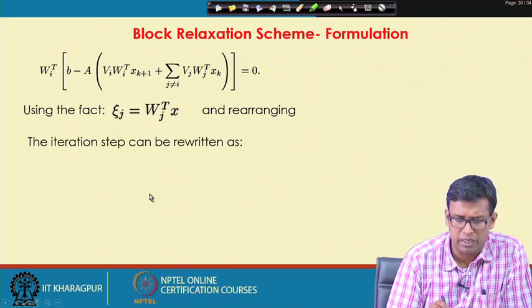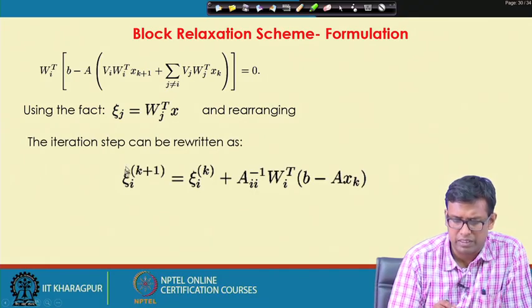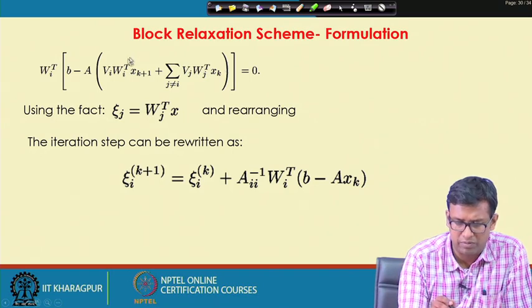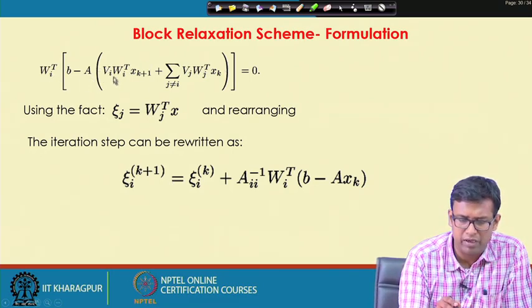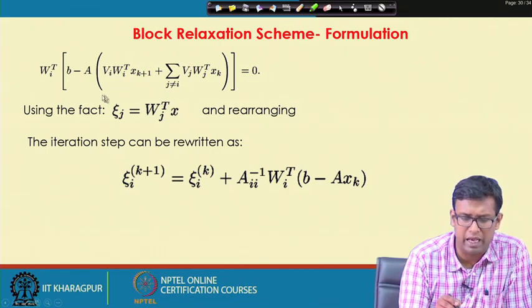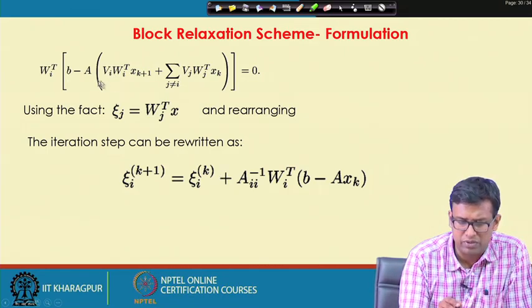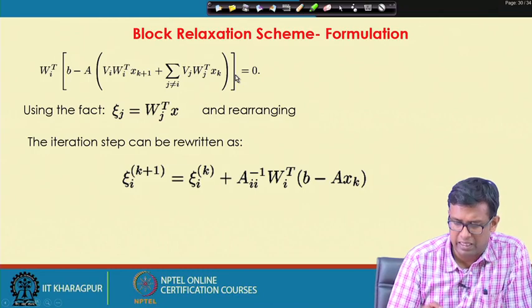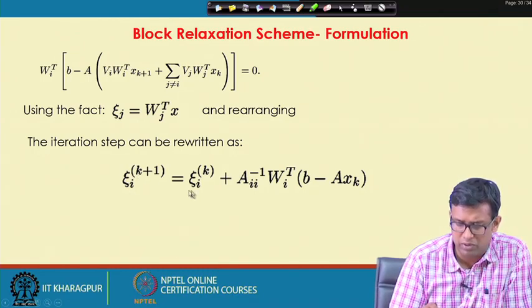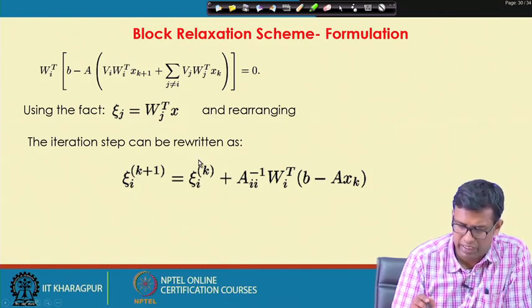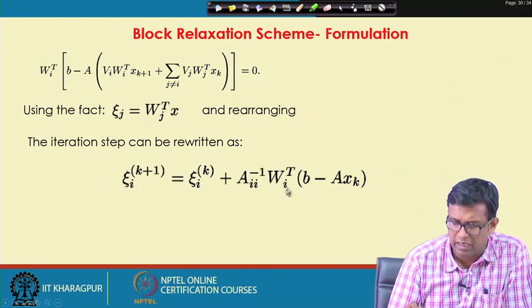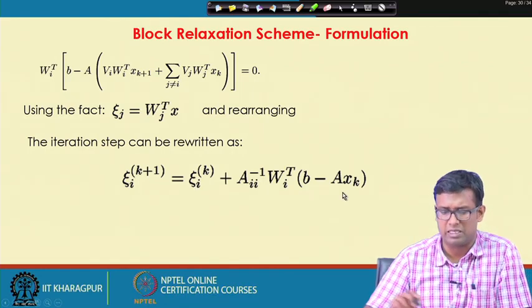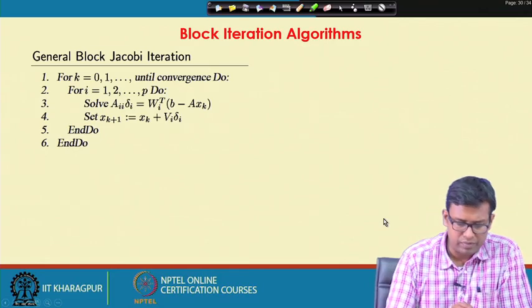So the iteration step will be written as xi_i^(k+1), which comes from here, and W transpose A V is basically A_ii. So this gives A_ii xi_i^(k+1) is equal to A_ij xi_j^k, and so xi_i^(k+1) is equal to xi_i^k plus A_ii inverse W_i transpose (B minus A x^k).